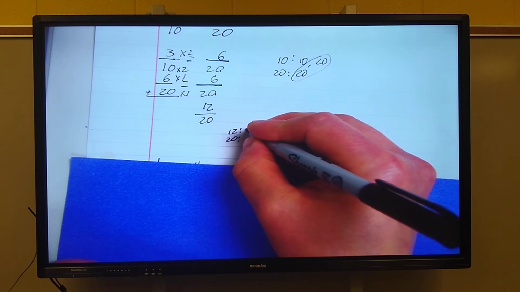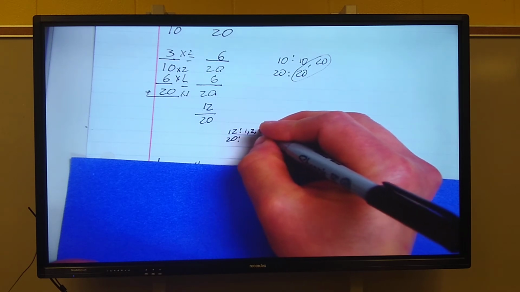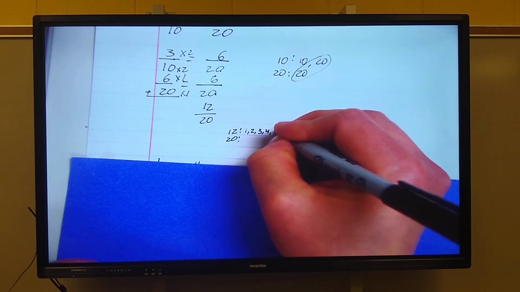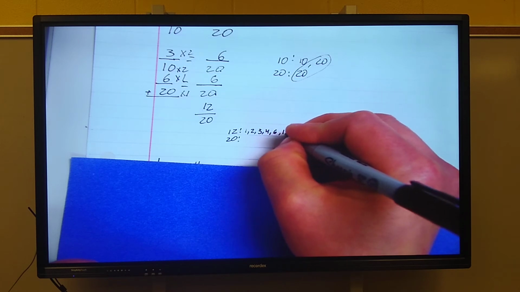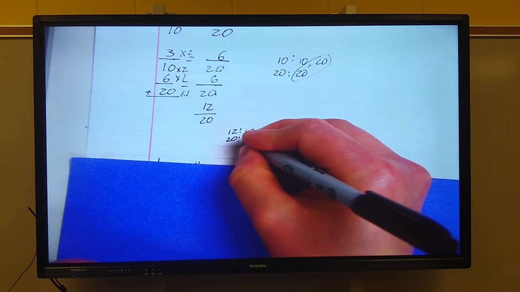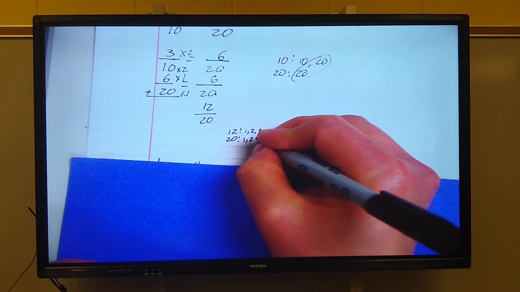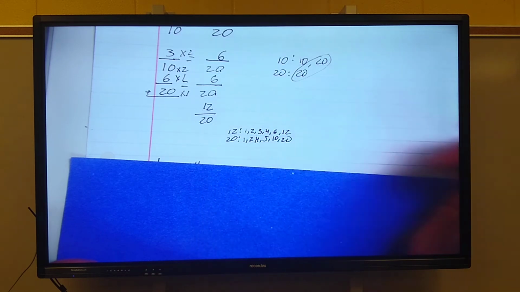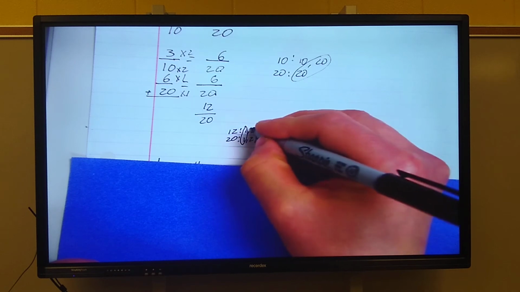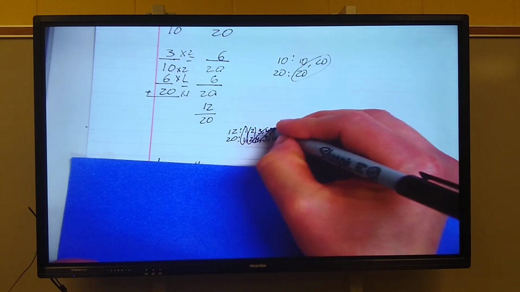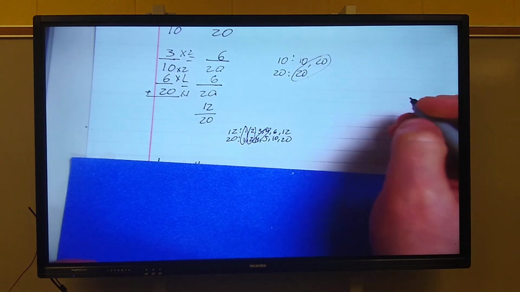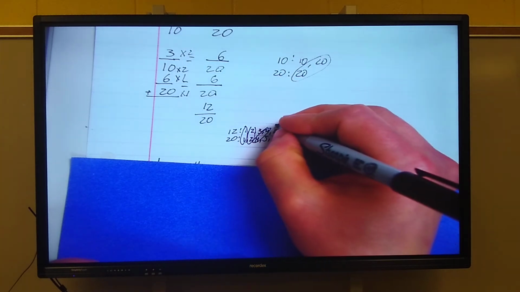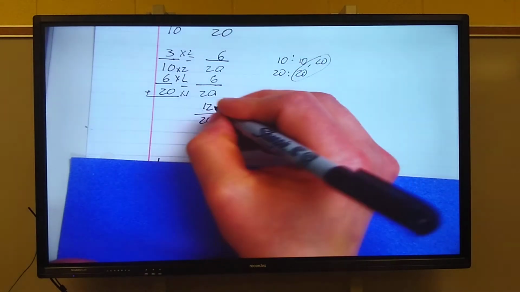The factors of 12: 1, 2, 3, 4, 6, 12. The factors of 20: 1, 2, 4, 5, 10, 20. The ones that are the same are 1, 2, 4, and that's it. That makes 4 the greatest common factor.